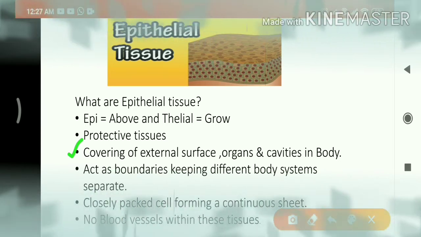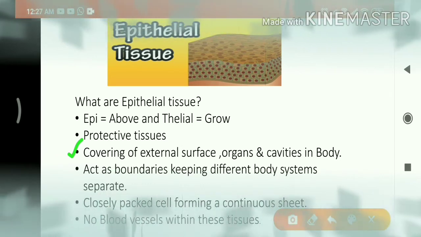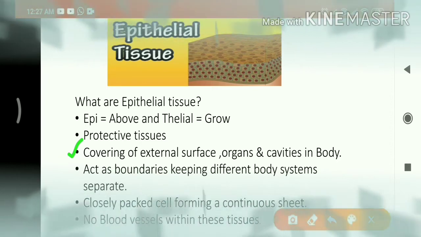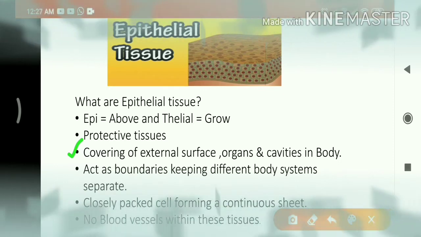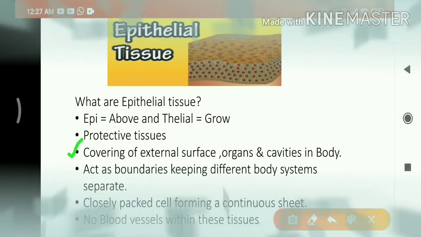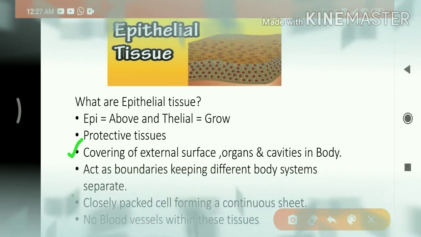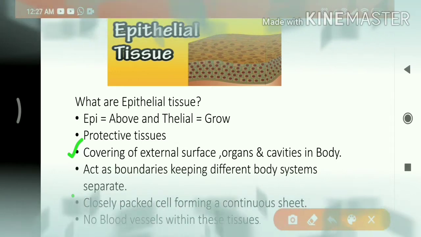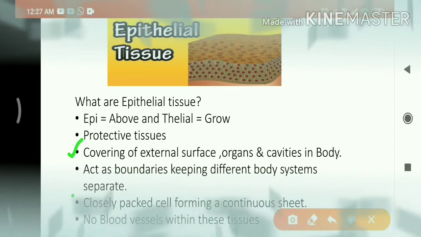That's why your boundary is present, right? Different boundaries keep different body systems separate. Inside the body, they act as a covering of different organs, keeping different things separate so that they do not get mixed up with each other.